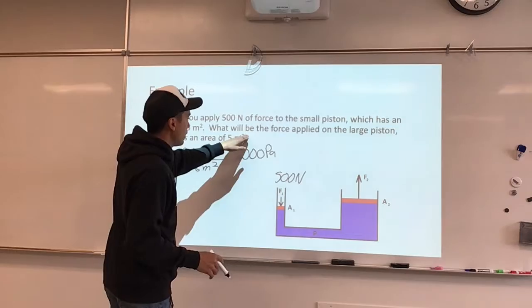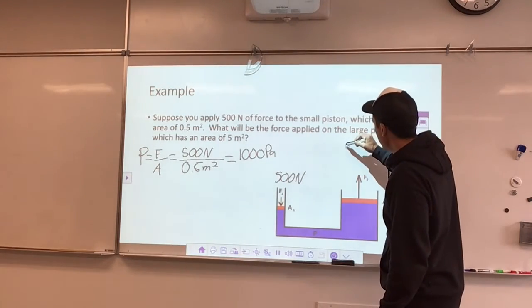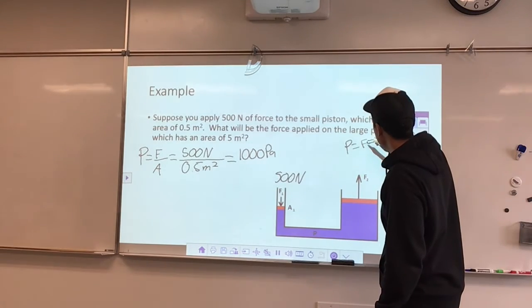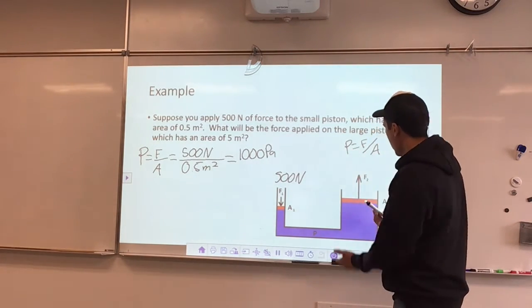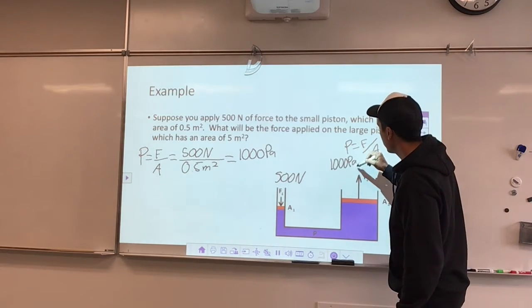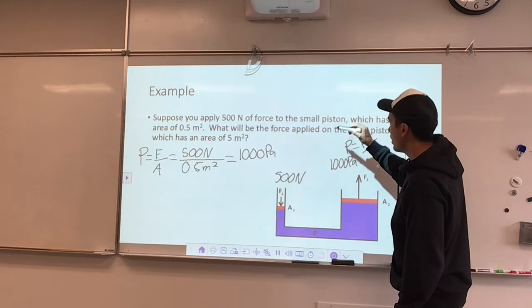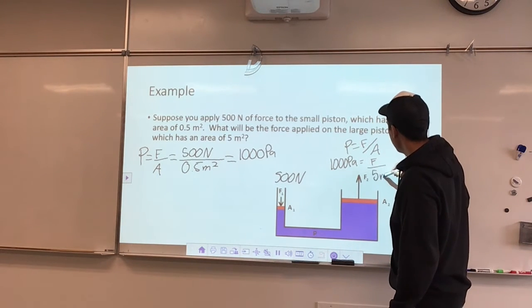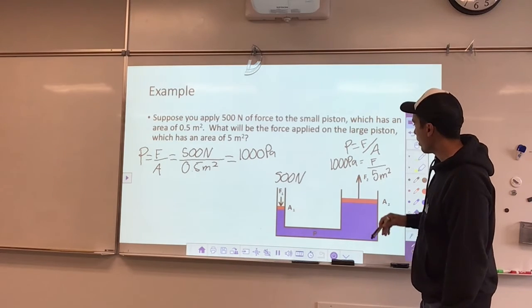So if I'm looking at the amount of force on this side, I can use the same formula. Pressure equals force divided by area. But in this case, my pressure on this side is still 1,000. My force remains, and now my area is 5 meters squared. So to get force, I'm actually going to multiply both sides by 5.